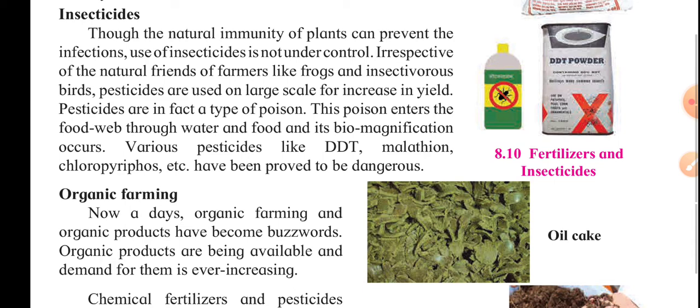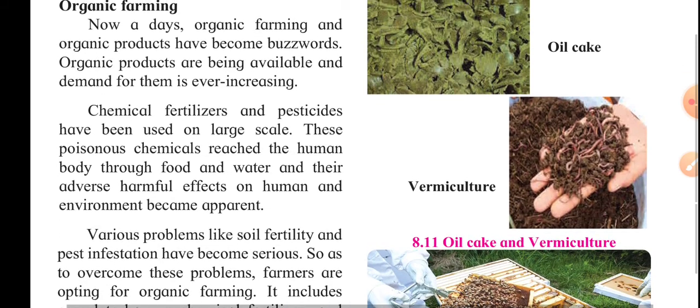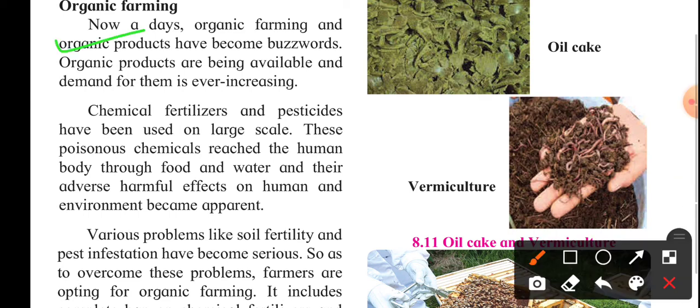Next is organic farming. Nowadays, organic farming and organic products have become buzzwords because they are getting very famous. Organic products are available and the demand for them is ever increasing. Chemical fertilizers and pesticides have been used on a large scale.